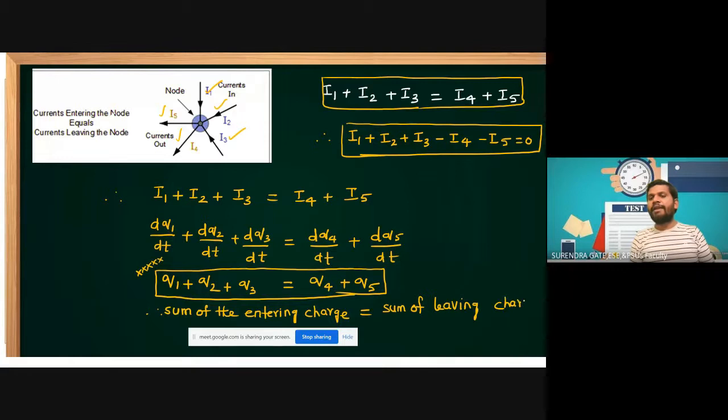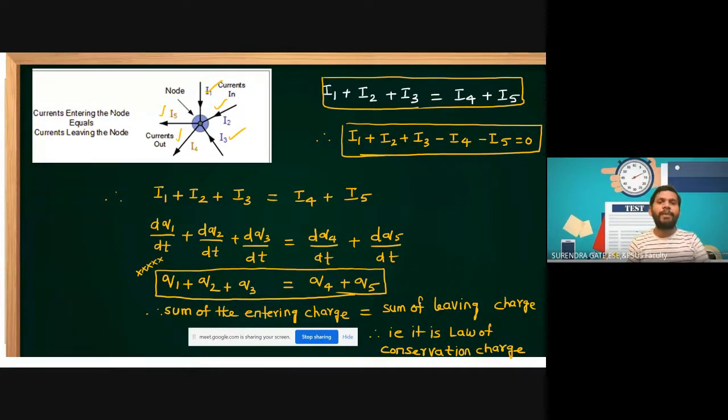That's why KCL is based on the law of conservation of charge. There is no loss of charge. That is the meaning of the law of conservation of charge. Very important for theory questions: KCL is based on the law of conservation of charge.